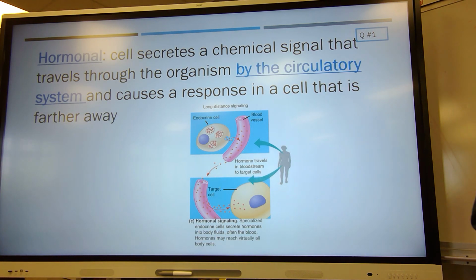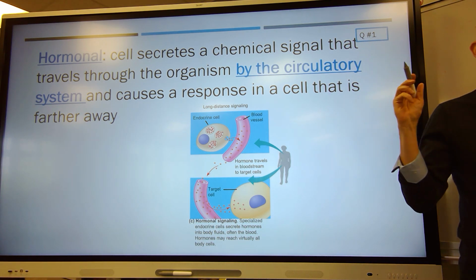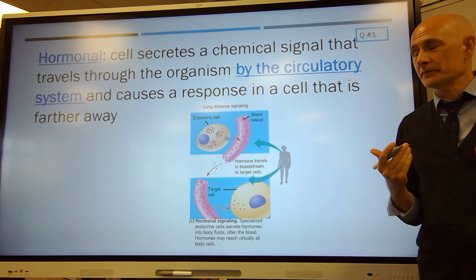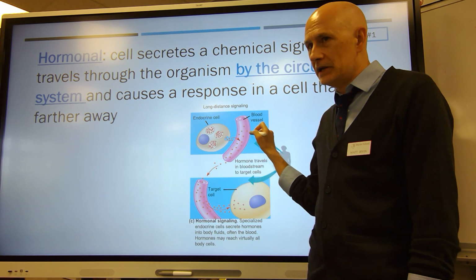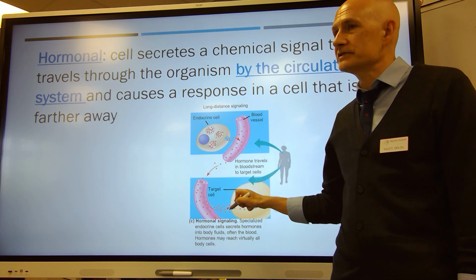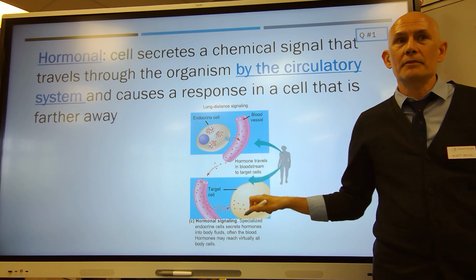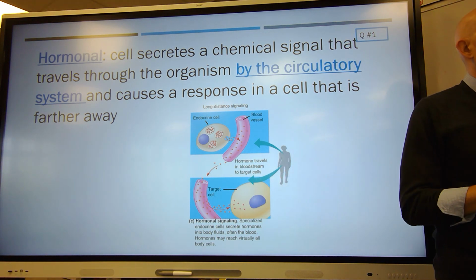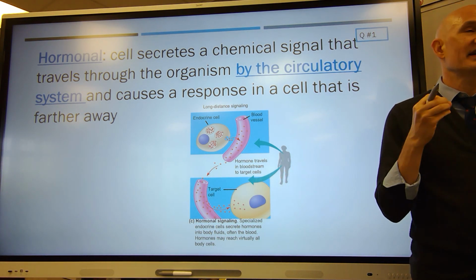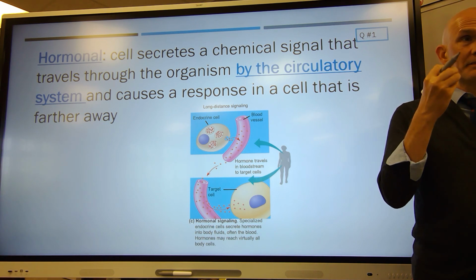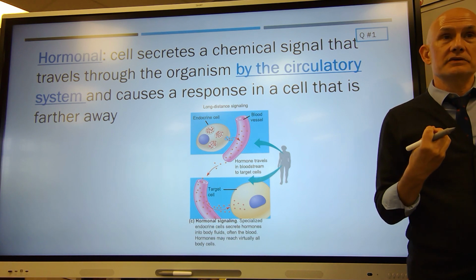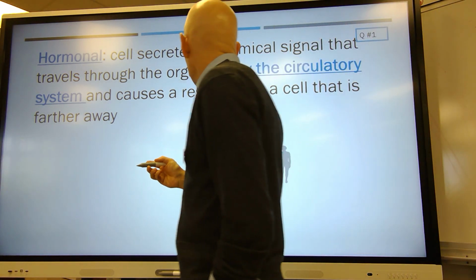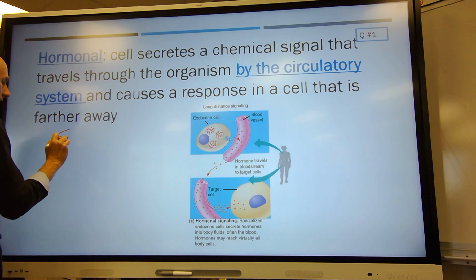All right. Exactly. Yeah. So our hormonal system, this is when we have a longer distant communication. We have some type of endocrine cell that releases a hormone into the blood. The blood transfers that until that hormone finds its target cell. And when we say the target cell, that is the cell where the hormone is going to bind, whether on the surface or interior, and it's going to initiate the signal transduction pathway.